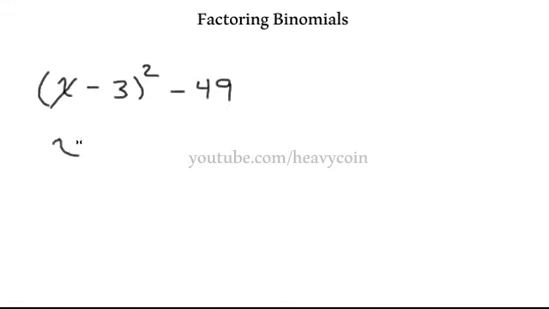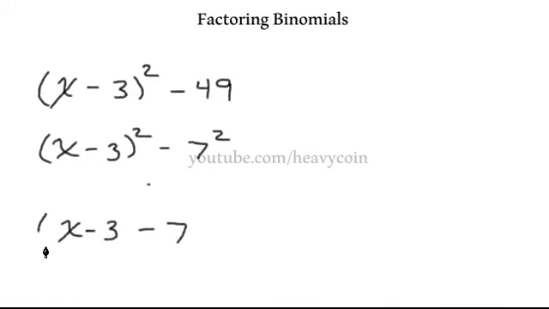So we can rewrite this as x minus 3 squared minus 7 squared. So we just go through the same following steps. We have x minus 3 minus 7, x minus 3, and then plus 7.